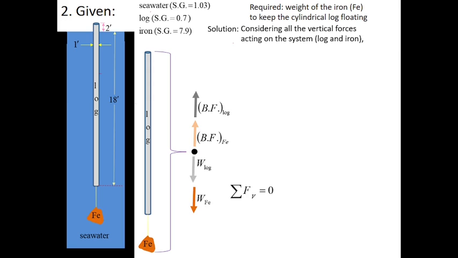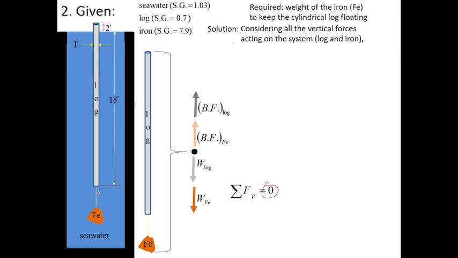So, next, we can consider the sum of all vertical forces equals 0. Why 0? Recall Newton's first law of motion, a law that has something to do with equilibrium.